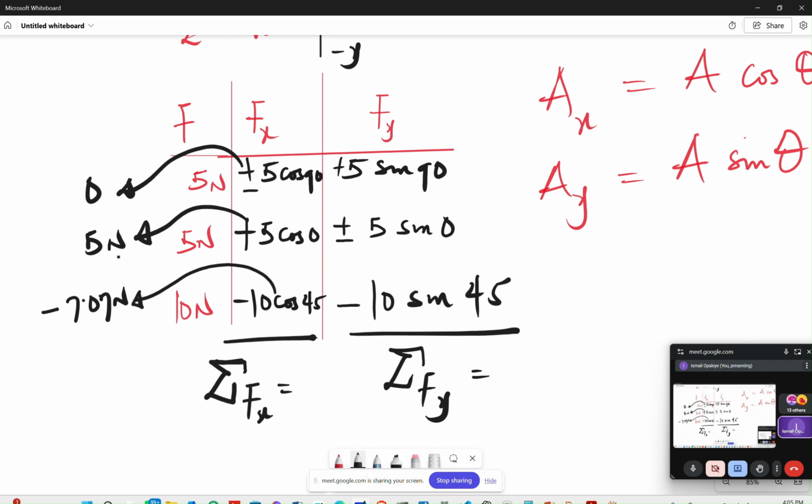Yes, sir. Okay. Now, this one, 5 sin 90. Sin 90 is 1, that's 5 Newton. Sin 0 is 0. And this one, minus 10 sin 45, minus 7.07, abi? Yes, sir. So someone should add this one and this one together. That will be minus 2.07, abi?